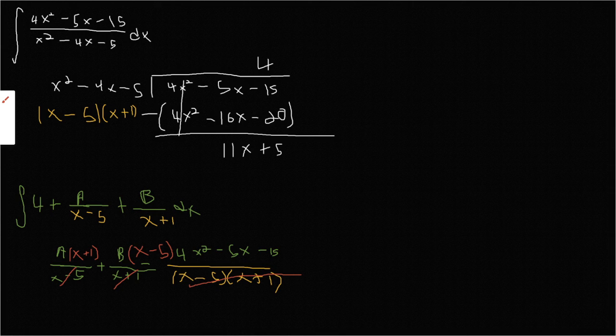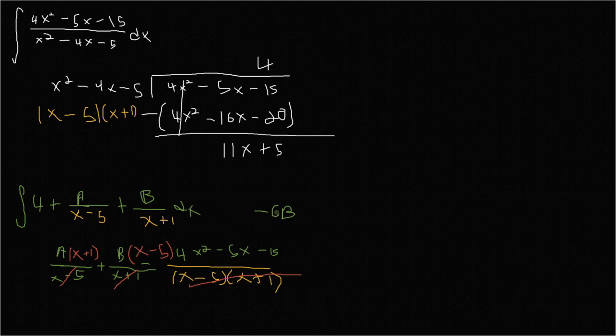So we're going to substitute in here. Let x equal negative 1, so that this a term right here is 0. And so now when x is equal to negative 1, we know that b times negative 1 minus 5 is negative 6.